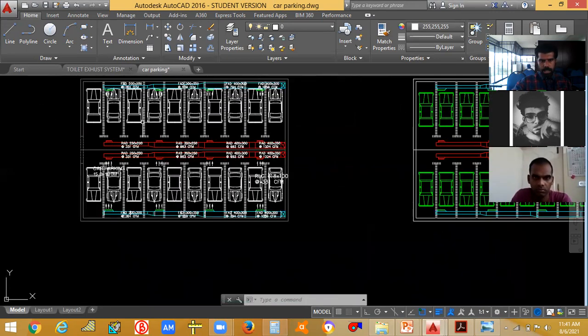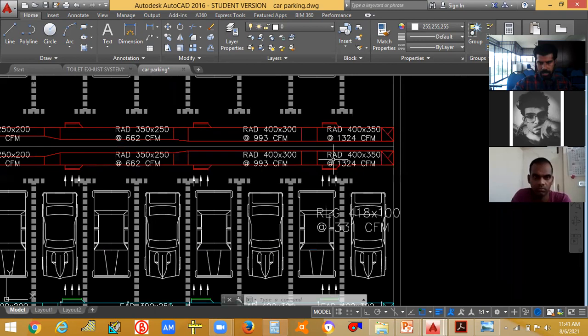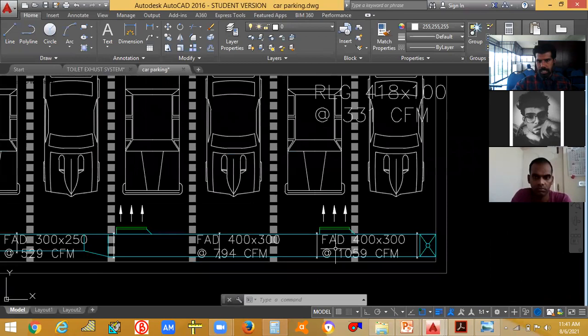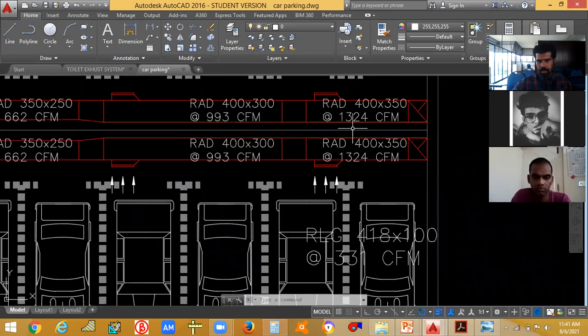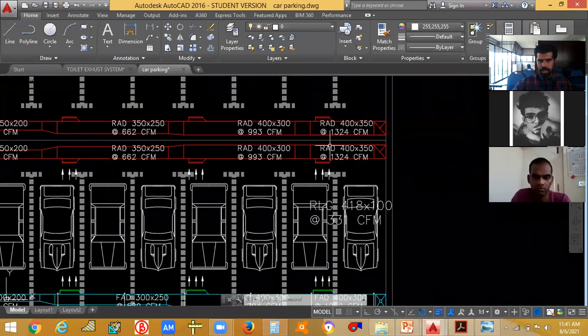So you can see here, exhaust air. So they have divided into 2 compartments. So this compartment they have given exhaust, as well as a fresh air duct as well as return air duct. Okay, fresh air and return air duct.